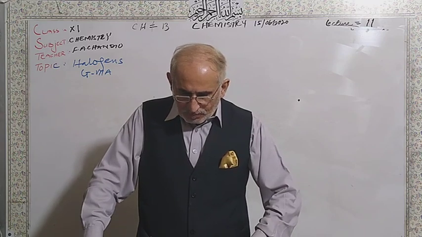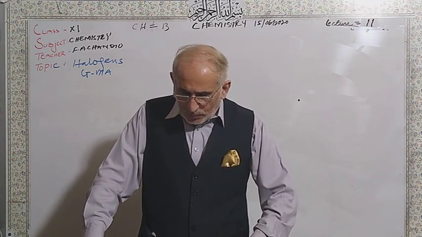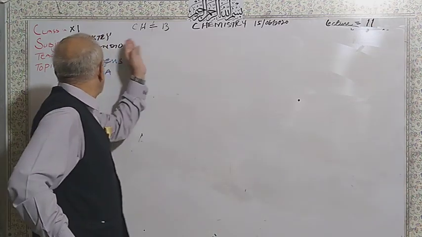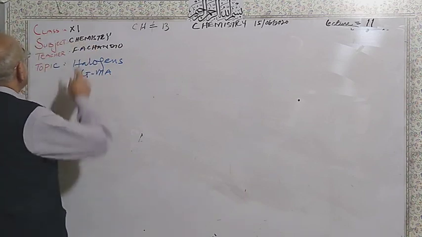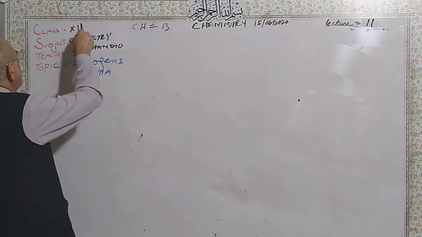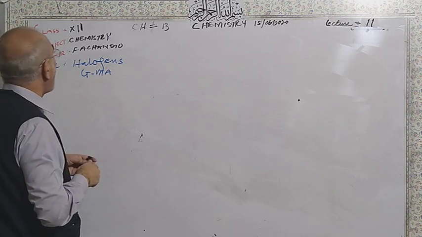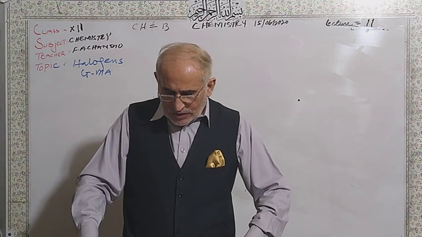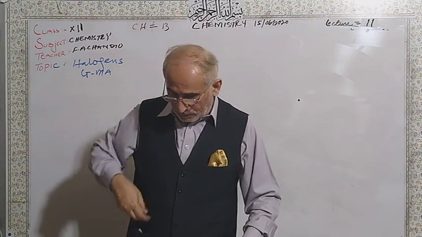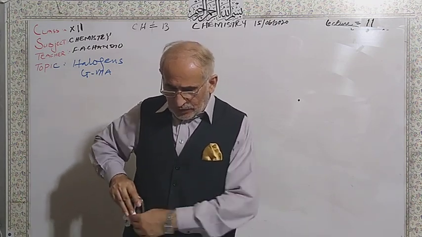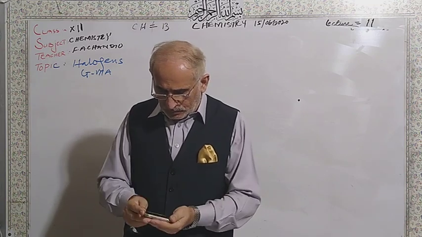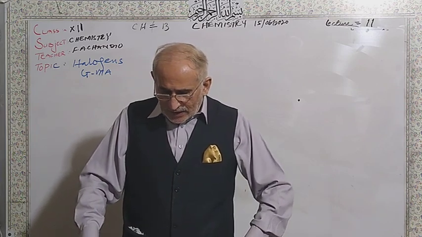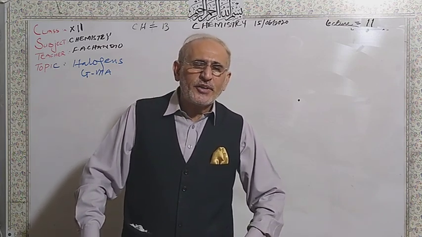So in the bond enthalpies, if you see the 13.35 table, you are seeing that the fluorine bond enthalpy is small.